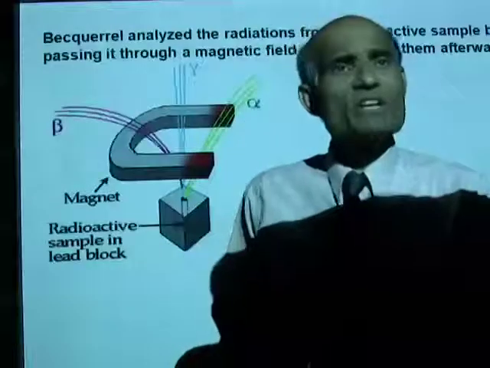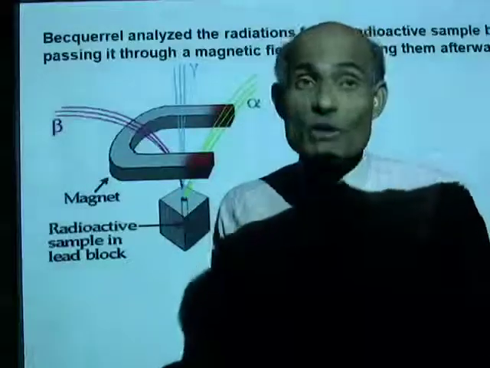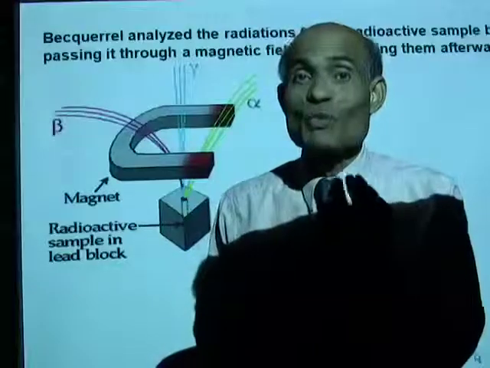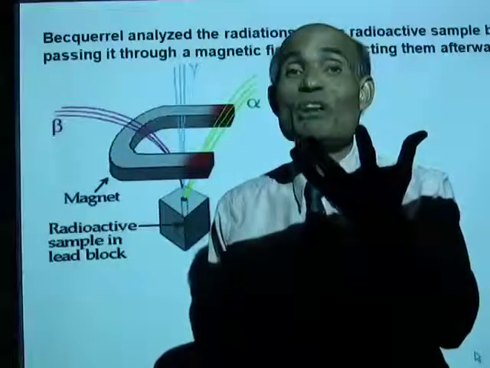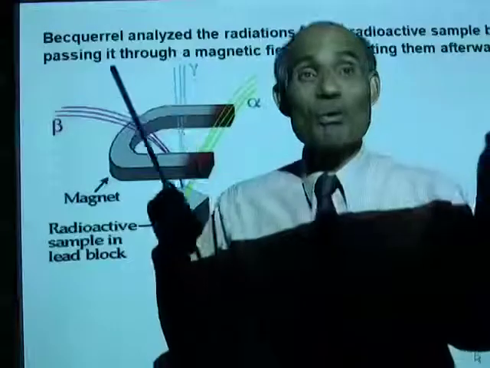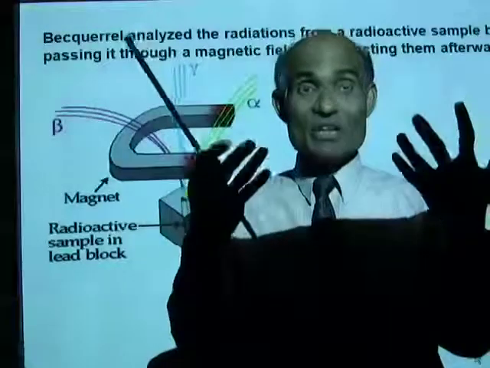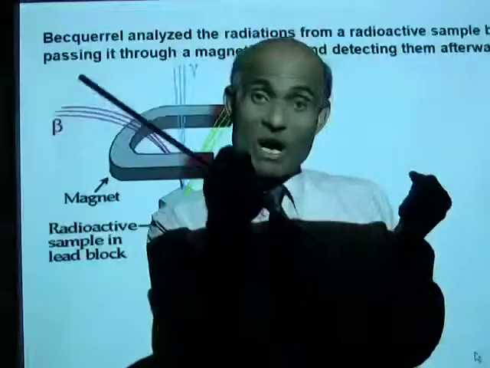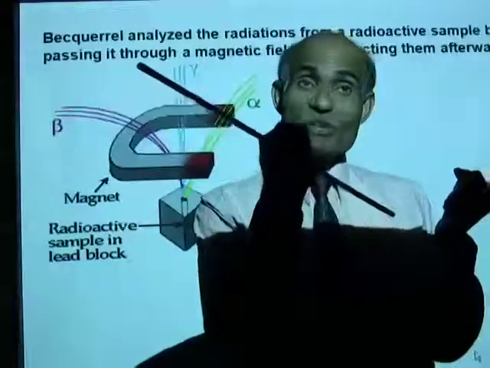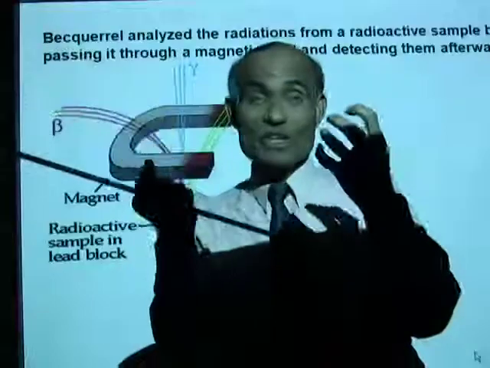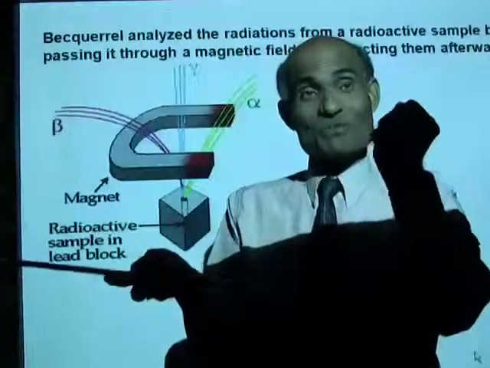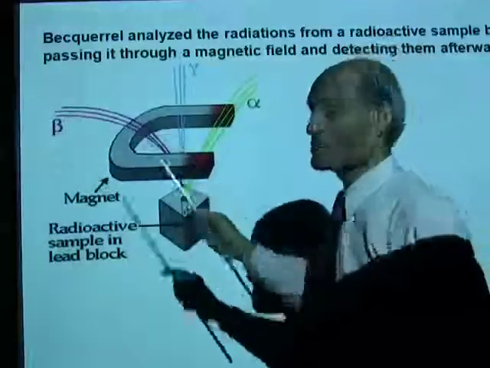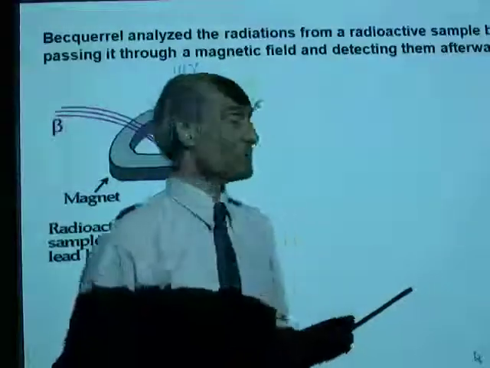Why did he do that? Well, we know that electrically charged particles, when subjected to a magnetic field, will experience a force and they will move. Is that right? A positively charged particle will experience a force in one direction. Negatively charged particles will experience a force in the other direction. Now, look at the result of the experiment.